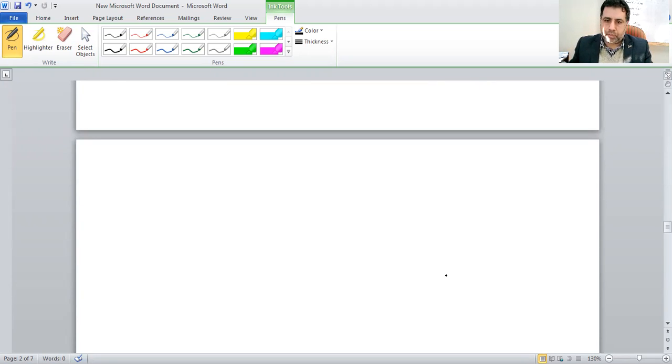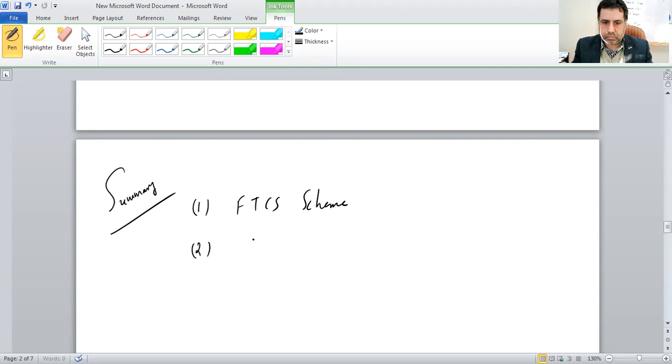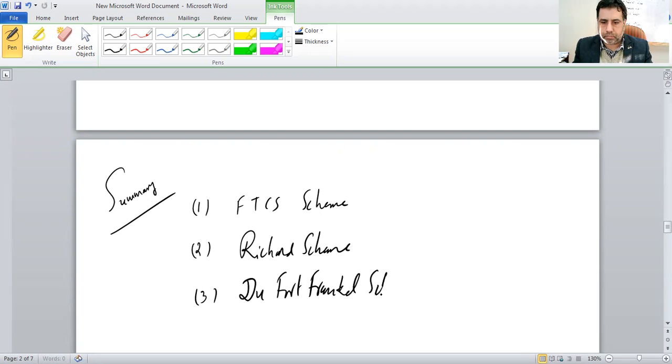So we have seen three explicit formulations. As a summary, you see the FTCS scheme, Richardson scheme, and Dufort-Frankel scheme for parabolic PDEs.